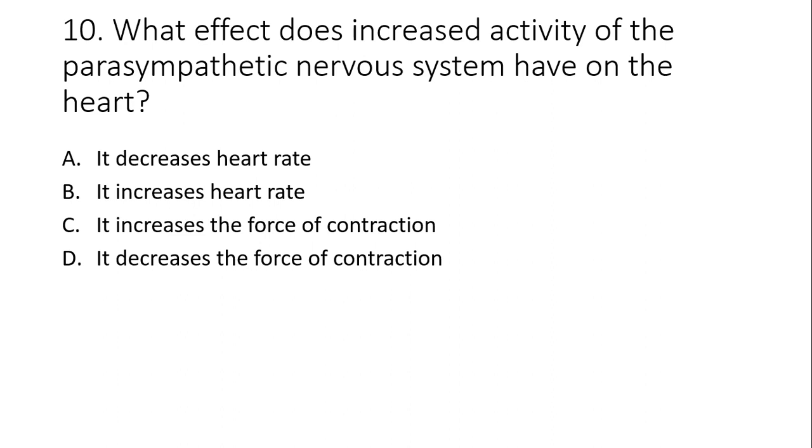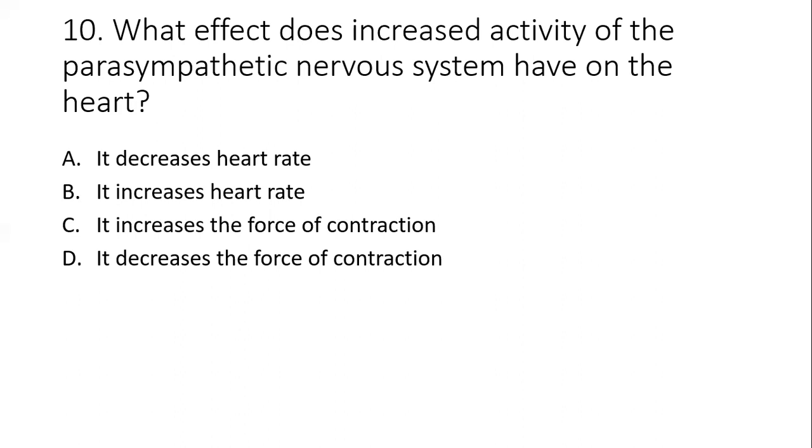What effect does increased activity of the parasympathetic nervous system have on the heart? A. Yep, so that's going to decrease our heart rate, and heart rate and stroke volume create our cardiac output.